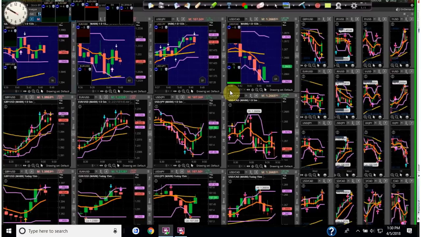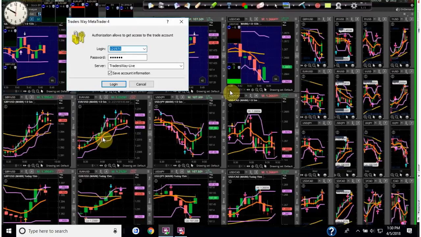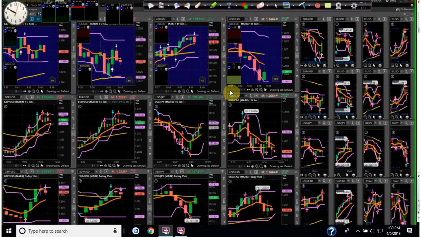ATM score is 1, 2. GU ATM score is 2, 2 long term. The trend is up, up, down, down. So 2, 2 trend. And the 15 is up, and then the 5-minute is up.